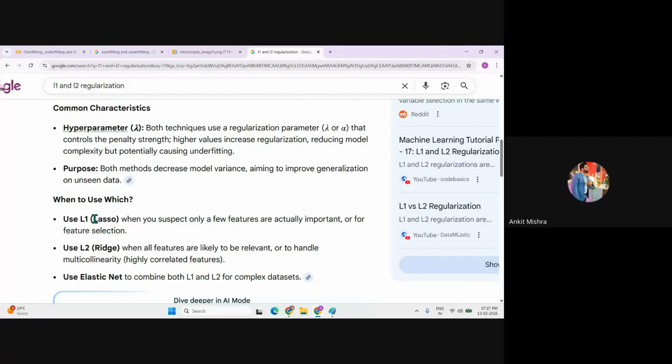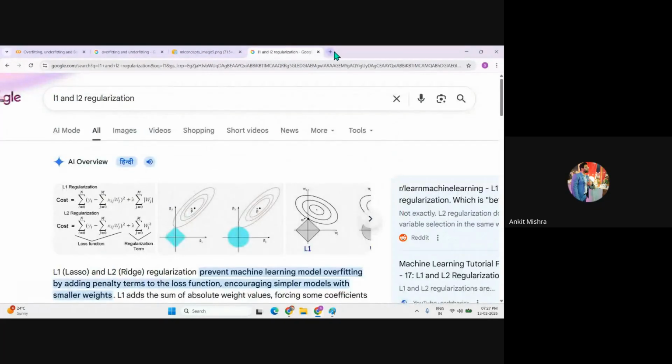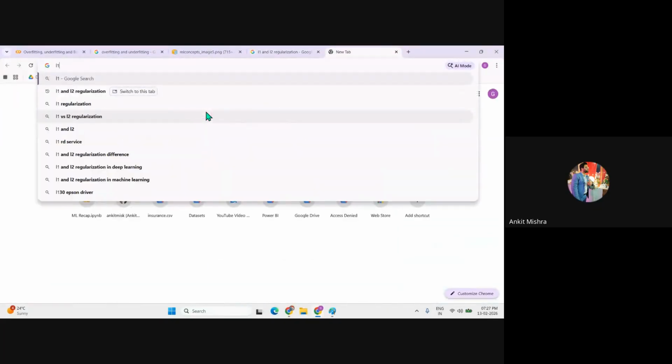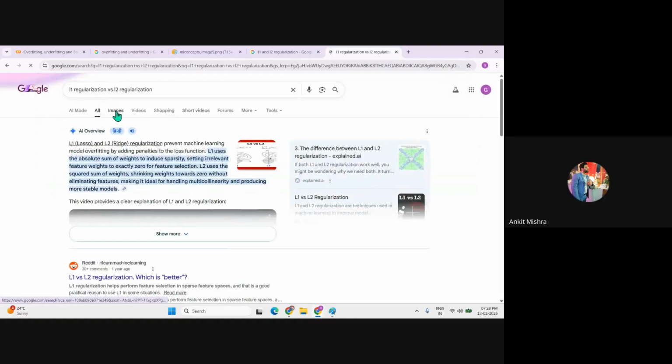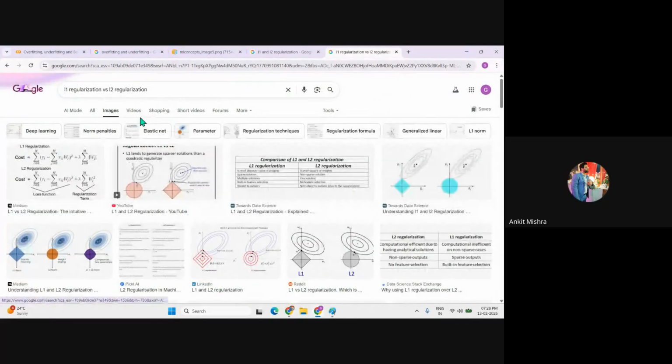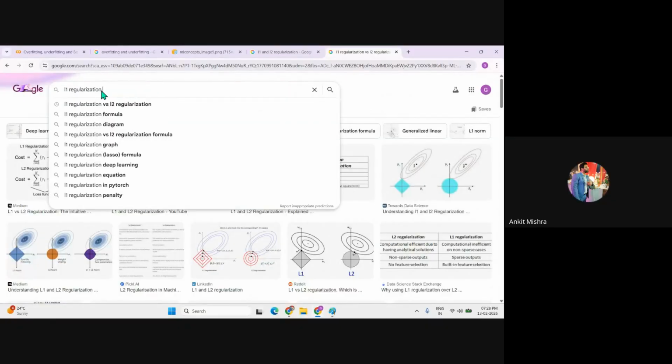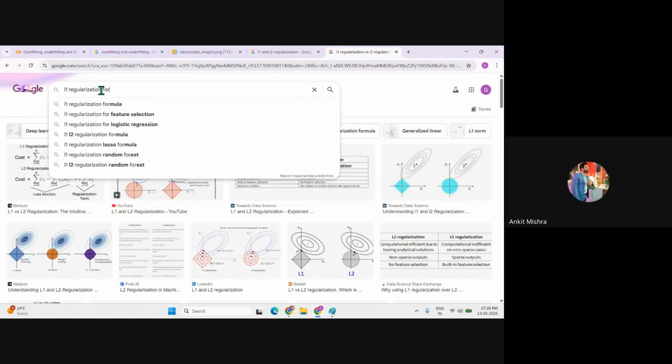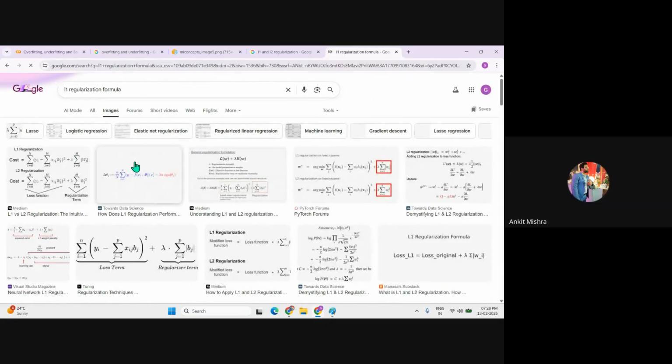L1 is called the Lasso regression, and L2 is called the ridge regression, right? Let me show you the formula of L1 regularization versus L2 regularization. Go to this, and this is the lambda formula that you can refer to, right?